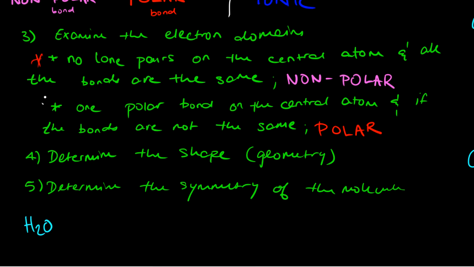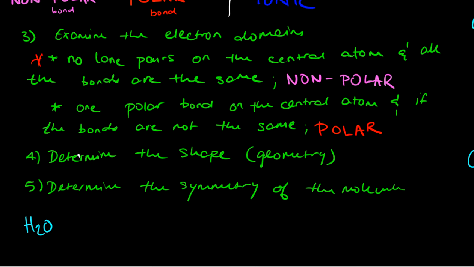If there are no lone pairs and all the bonds are the exact same electronegativity difference, it's going to be nonpolar. But if you have one or more polar bonds on the central atom, and if the other bonds are not the same, then it's going to be polar.